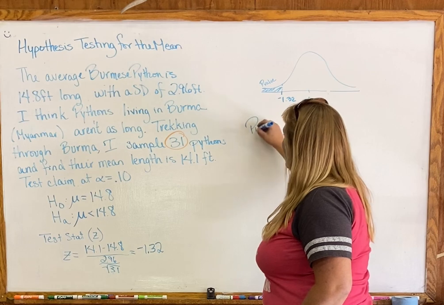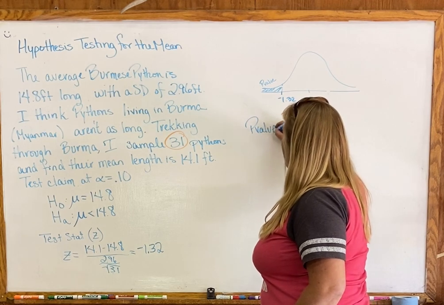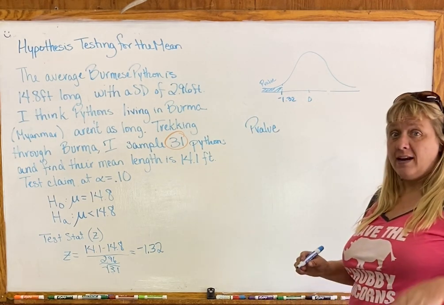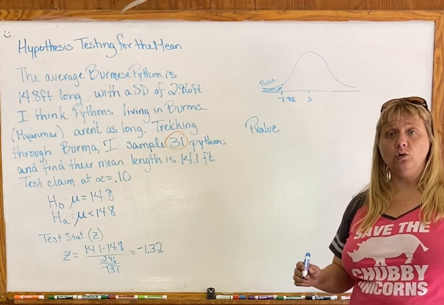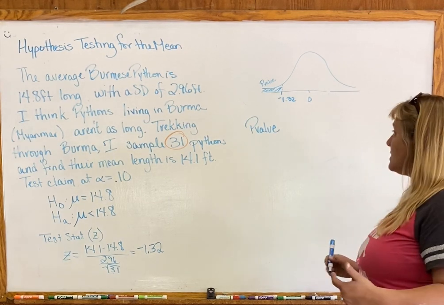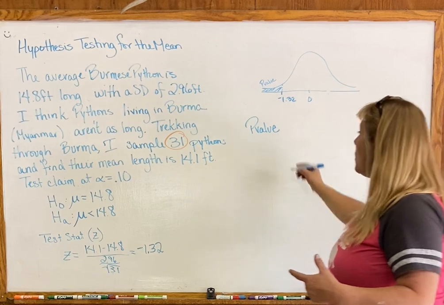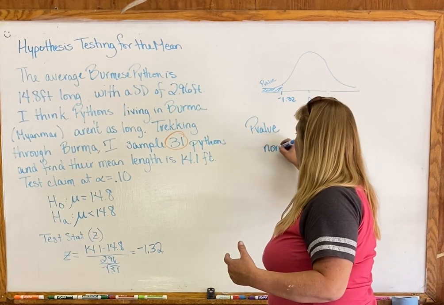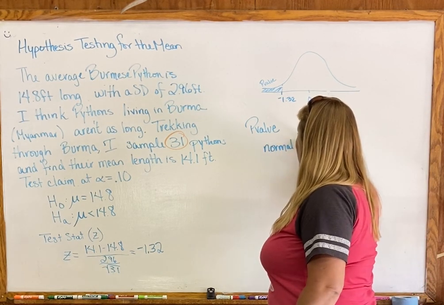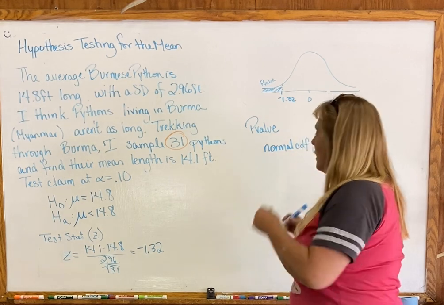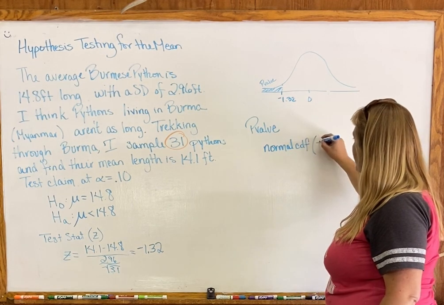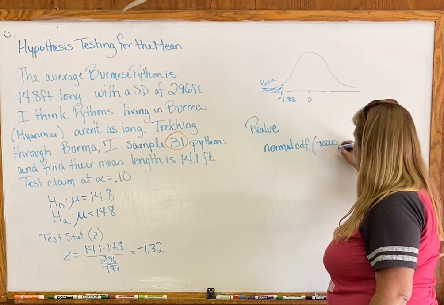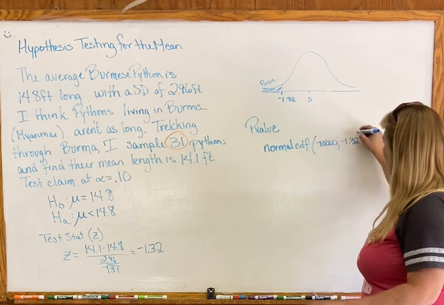So when we go to find our p-value and go back to our calculator, now you've gotten the habit of doing 2 of the t-scores, but this was a z-score, right? So we're going back to our normal CDF. We'll put in our boundaries, negative 10,000 to negative 1.32. We don't need anything else, just that.